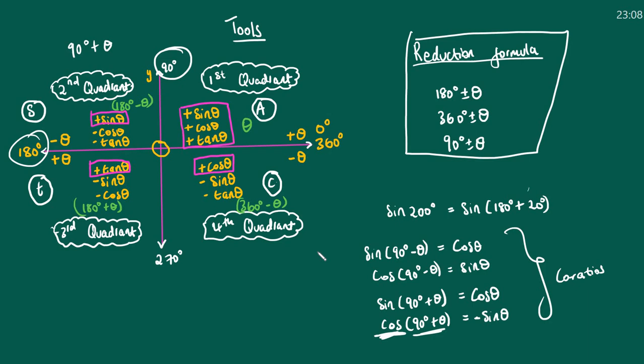If you are given angles between 0 and 360, we use the reduction formula to reduce them. But if you are given angles that are less than 90, somewhere, somehow, we would have to use our co-ratios.